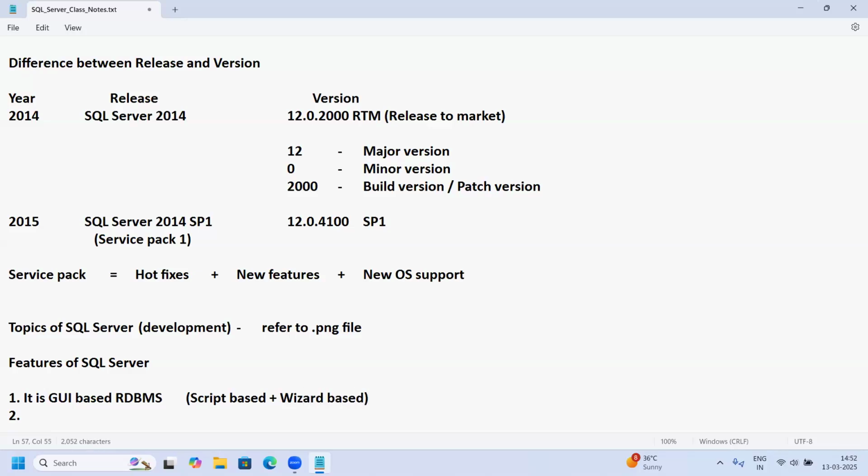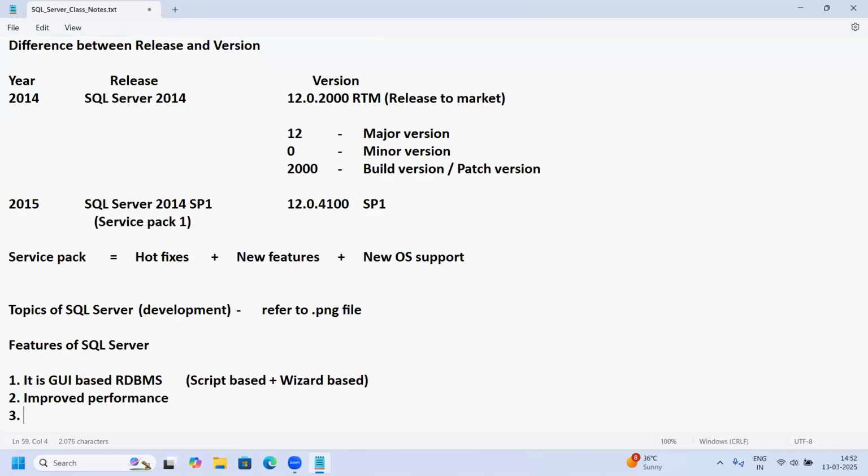Two approaches. Second, improved performance. I again repeat, general features I'm saying, please understand clearly.